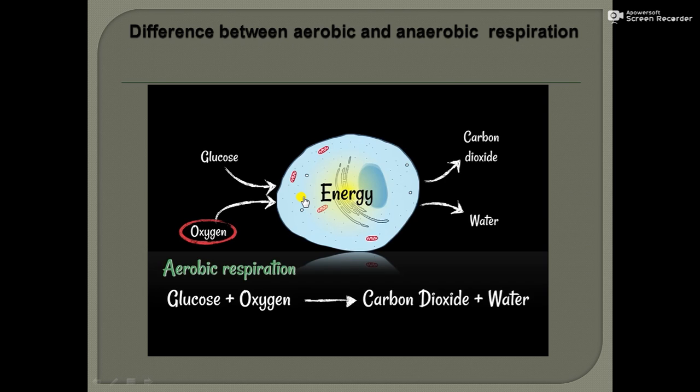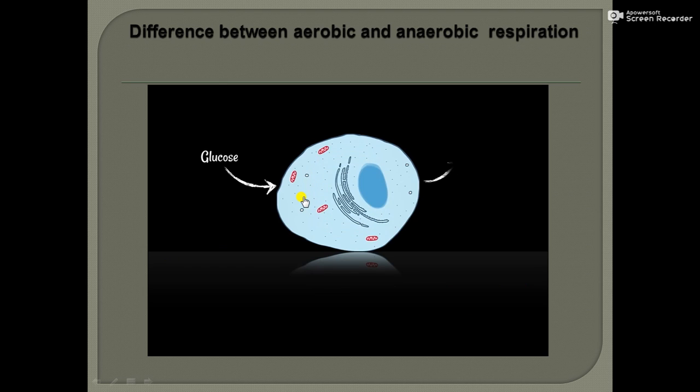This process of aerobic respiration is not going to progress. The alternative is that in the absence of oxygen, glucose will be converted to lactic acid, and in the process, it will release a very small amount of energy. The word equation for this is, again, very simple. Glucose goes to lactic acid, and this process is known as anaerobic respiration.